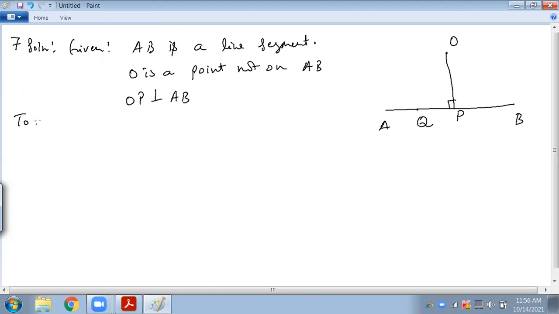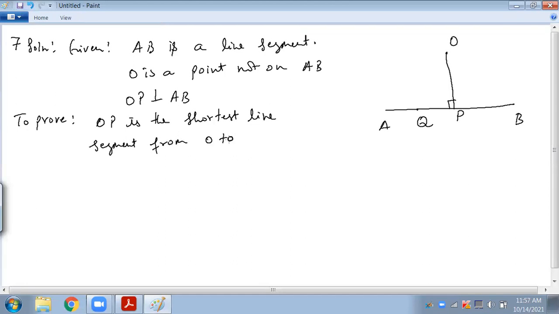To prove: OP is the shortest line segment from O to AB.